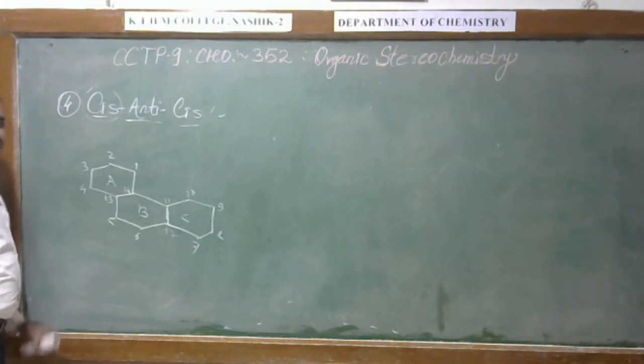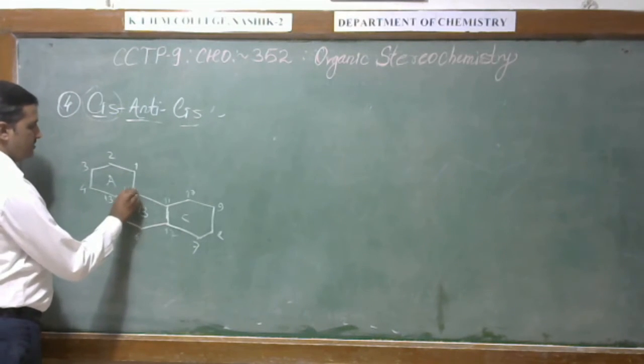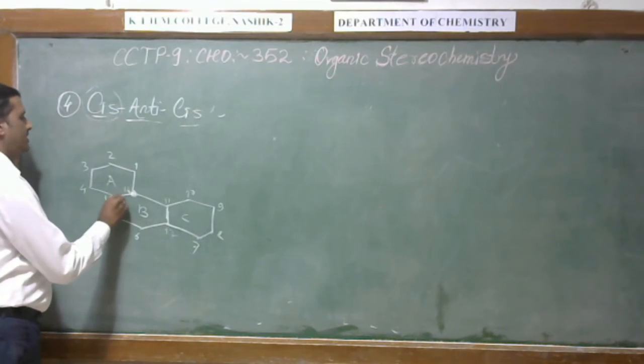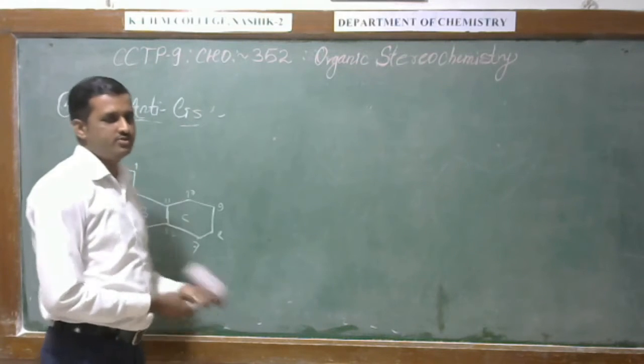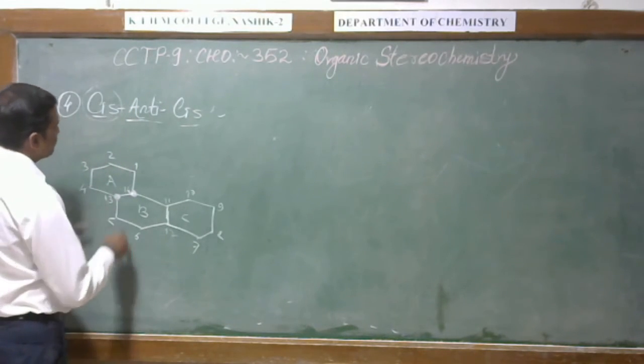AB ring fusion is in cis fashion. So suppose I consider this as a dot on carbon number 14, then ultimately carbon number 13 also has such type of dot because cis condition is there.